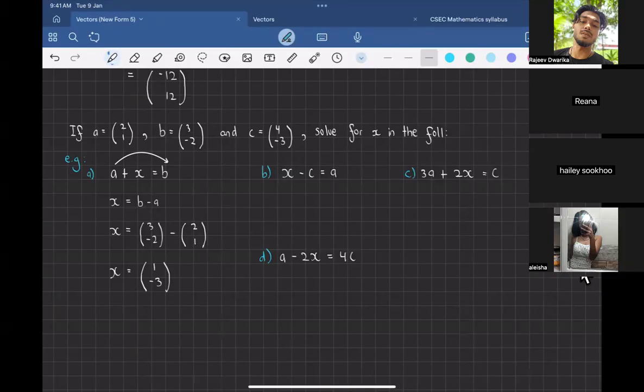Anywho, see if I can figure out B, C, and D. After this, we're going to move on to the hardest question they have asked you so far. So yeah, think real hard. My head is hurting. You'll be fine.